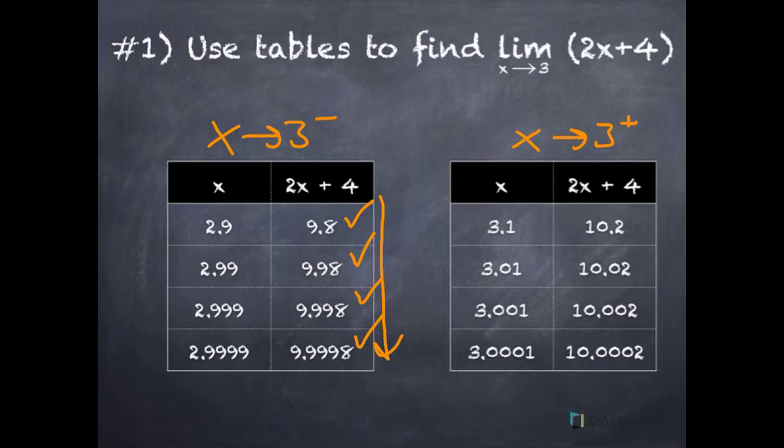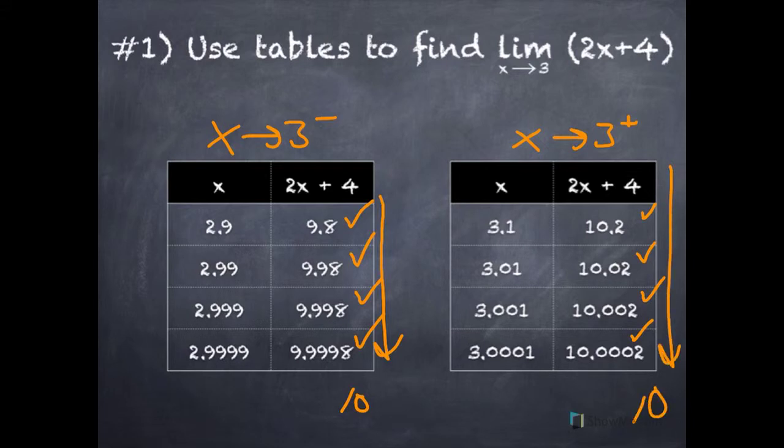You can see here that it appears as these numbers are getting closer and closer to 10. Let's look at this other table. We get 10.2, 10.02, 10.002, 10.0002. Looks like these numbers are also approaching 10.